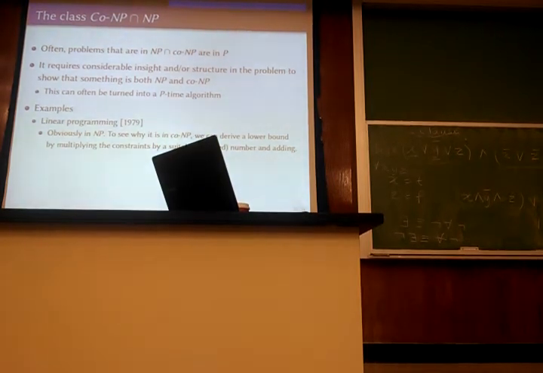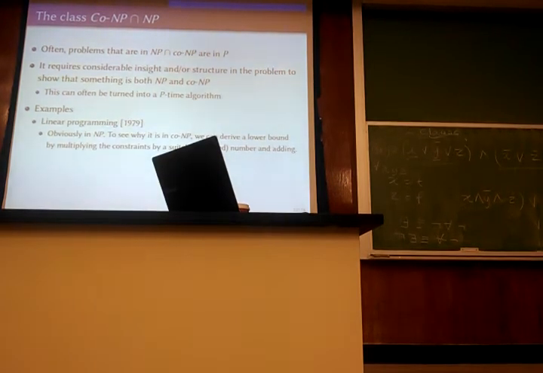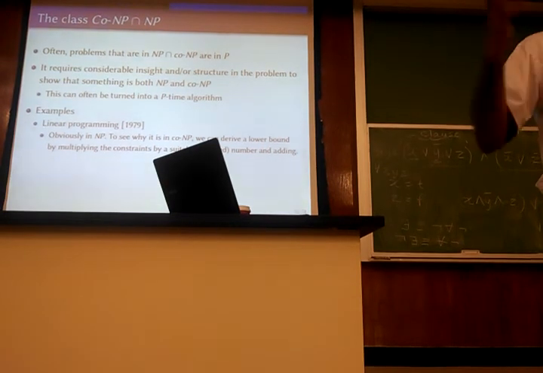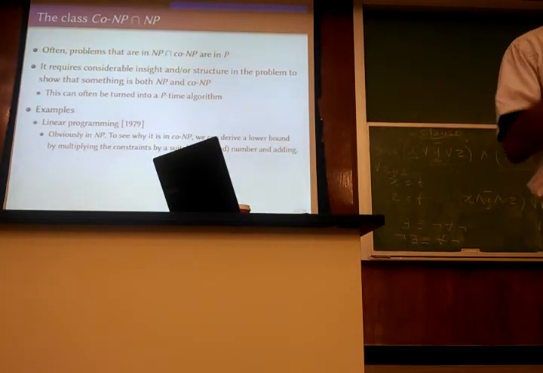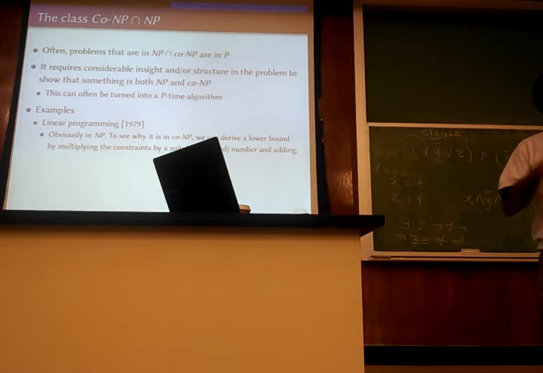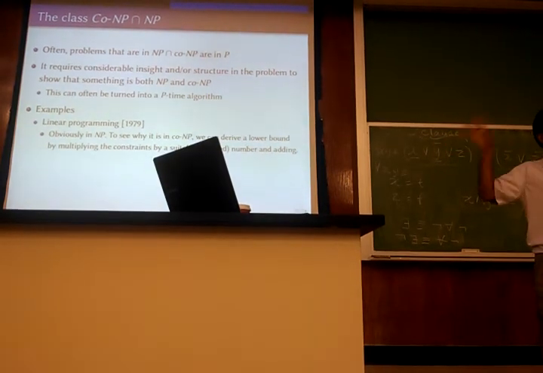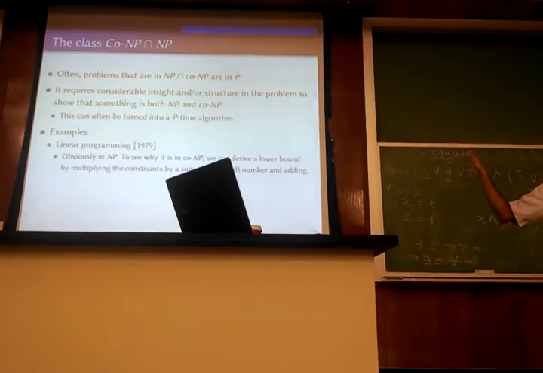Remember, in LP we had a way of combining the constraints in some form to show that the solution is optimal. Basically, what that combination of equations said is that there is no way to get the objective function above a certain value.